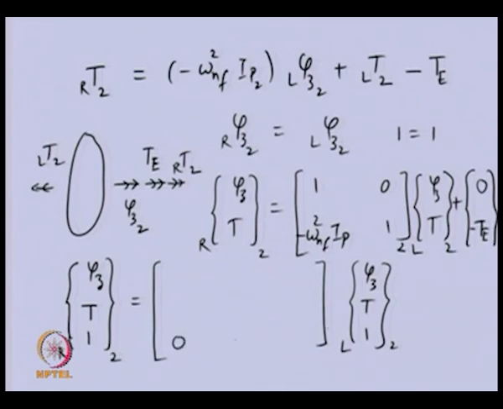So, you can see that if we multiply this, the last equation is 1 is equal to 1, and the first equation will have this form, and the torque equation will be modified as I p 1, and then the external torque, which was outside, is now coming inside itself.